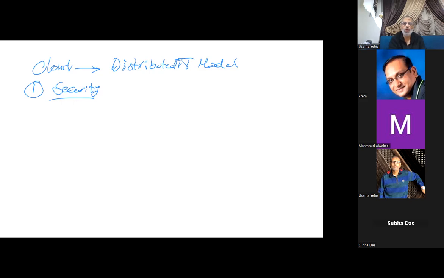By the end of the day, you are leasing a service. Whatever the model which you have, it may be IaaS, it may be SaaS, it may be PaaS, but by the end of the day, it is not your centers. It is the systems of the cloud service provider.